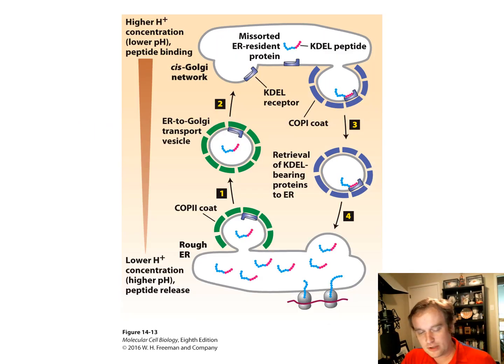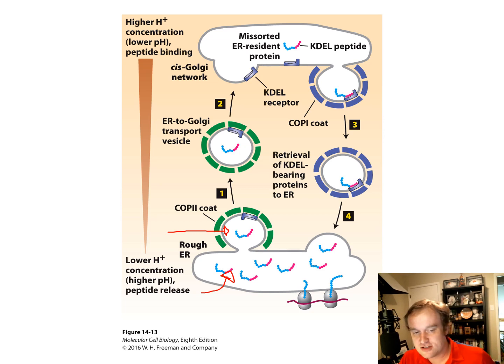So we talked about this retrograde trafficking from the Golgi back to the ER. So let's look at how this works. There are proteins that sometimes get sucked into these vesicles, and they're not supposed to be there. These are soluble proteins that are supposed to be down here in the ER. And these proteins are actually enzymes that, like I said before, modify newly synthesized proteins.